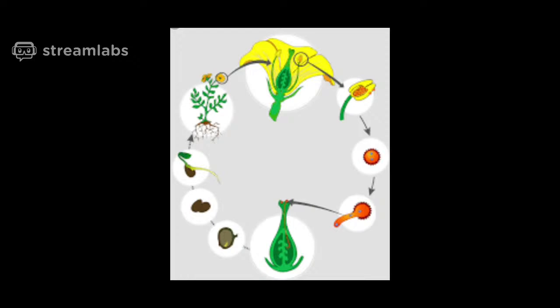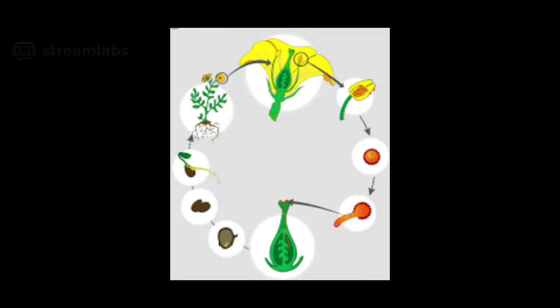So this is how the cycle goes on repeating. The plant produces flowers. The flowers produces male gamete and female gamete. The female gamete receives the male gamete by pollen tube. How? The pollen drops on the stigma by pollination. It develops pollen tube.